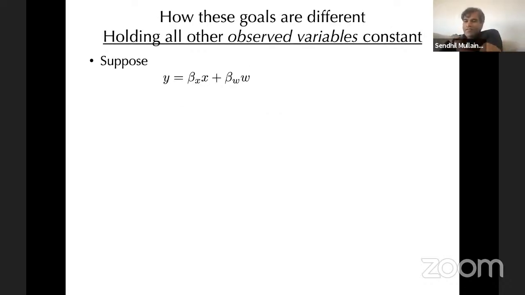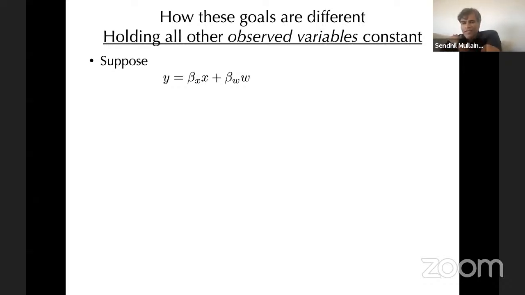I want you to see how different these goals are. I think many people haven't really understood what goes on in a two-variable regression and how different prediction is from estimation. So I'll start with the simplest example.